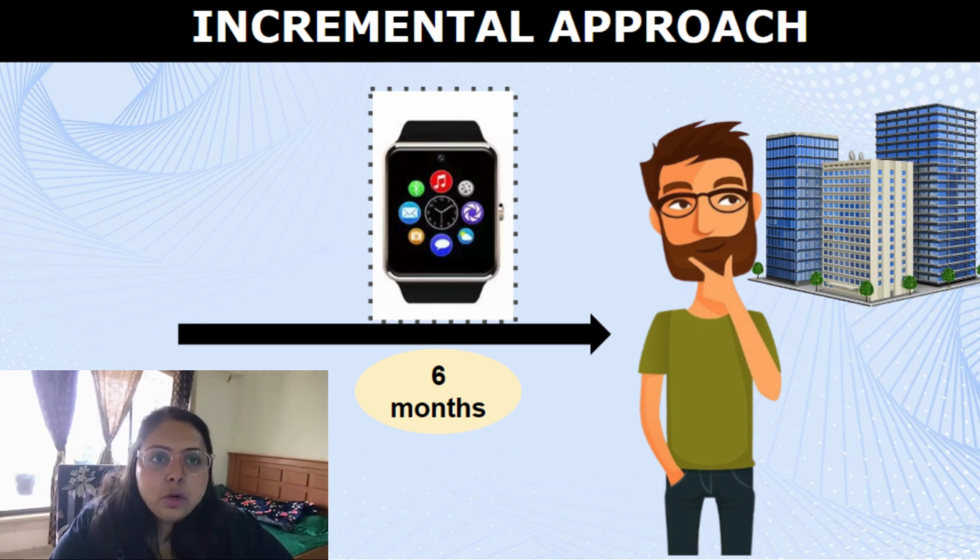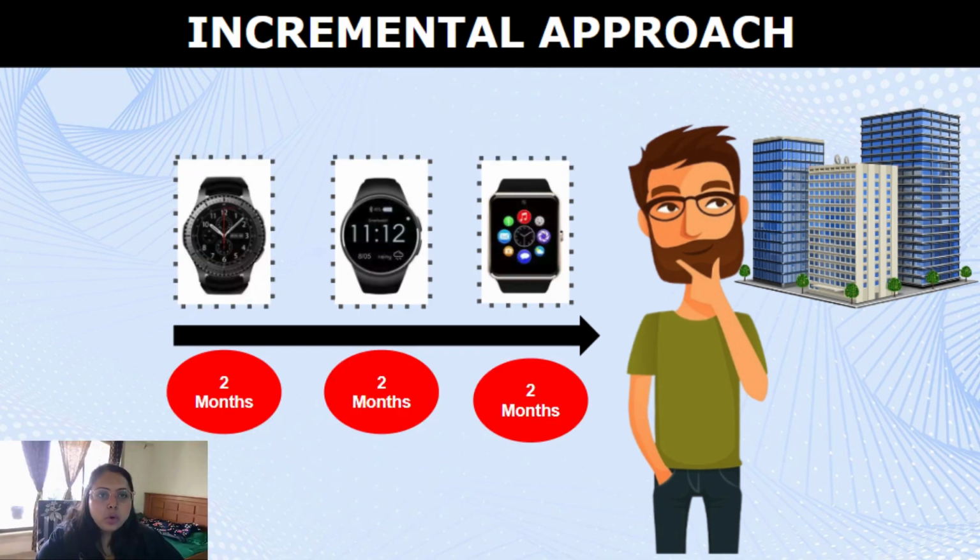So what's the solution? The solution is to do the project in an incremental way. Let's find out how the incremental method can help Jack to deliver the product quickly in the market and to cope up with the strong competitors. If Jack decides to do this project in an incremental approach, he decides to launch this smartwatch in 3 versions.